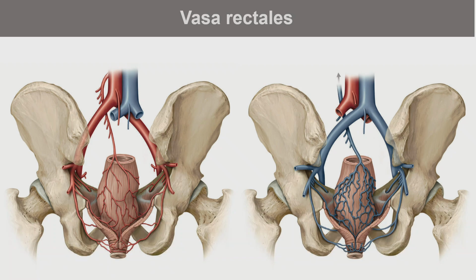Those veins are making a plexus around the rectum, and outflow is one way into the inferior mesenteric vein, the second way is the internal iliac vein, and the third vein is also going the same way, but around the Alcock channel again.